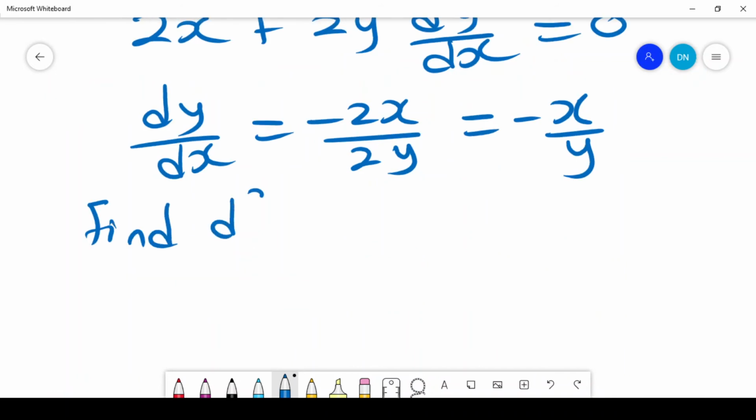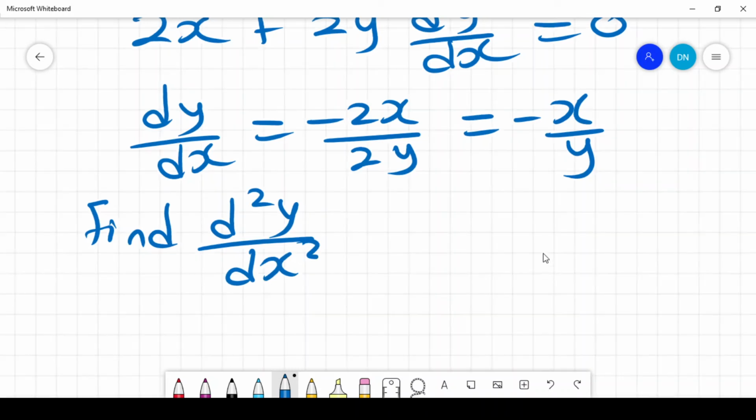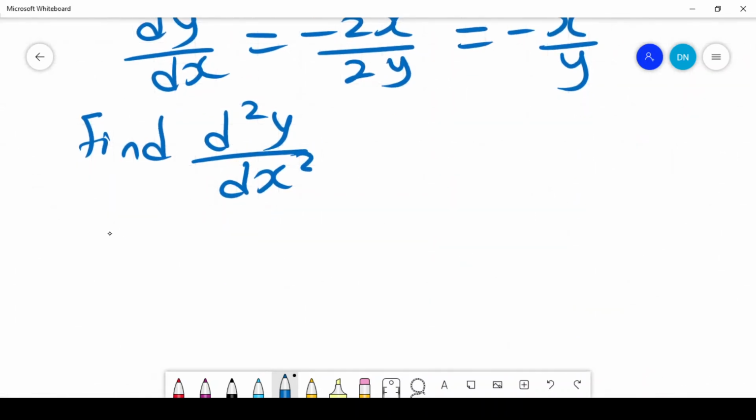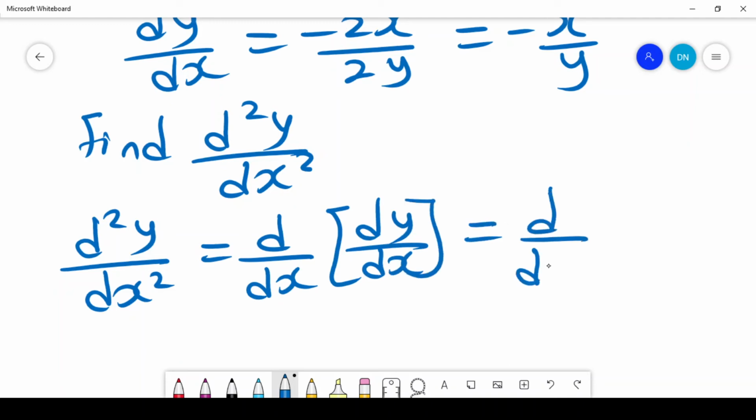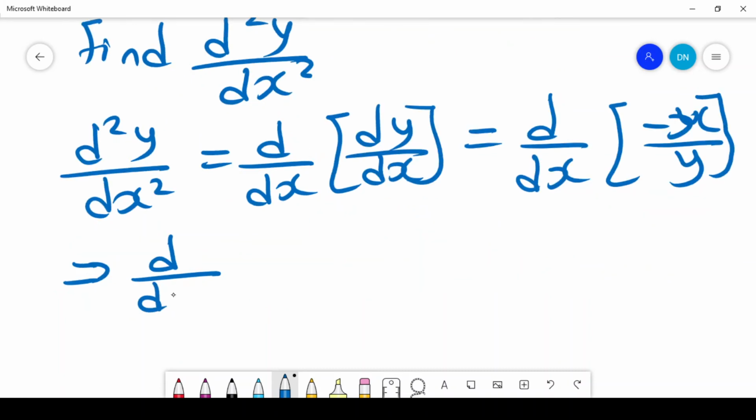Find d squared y over dx squared. Remember, d squared y over dx squared will be d/dx of dy/dx. So we'll be getting d/dx of minus x over y, which is d/dx of negative x times y to the power negative 1.